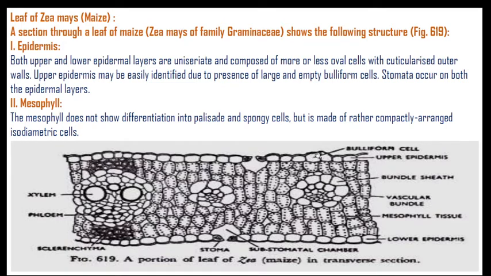These cells become enlarged as compared to remaining cells, and thus these cells are called bulbiform cells. Below that epidermis there is a presence of isodiametric cells, which are the part of a mesophyll which possesses numerous chloroplasts.